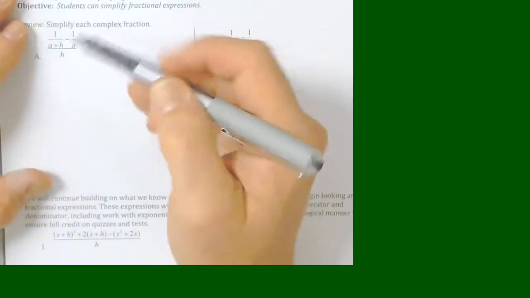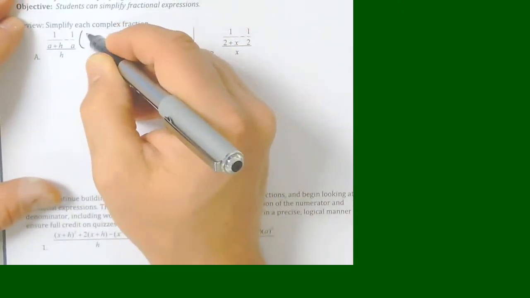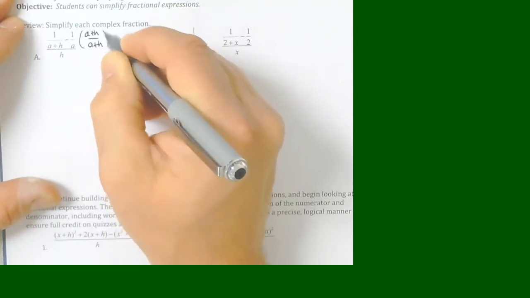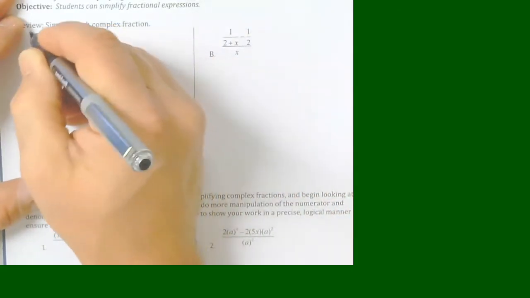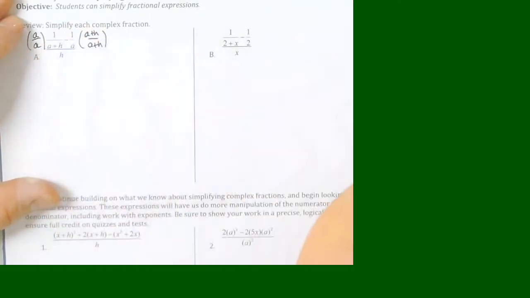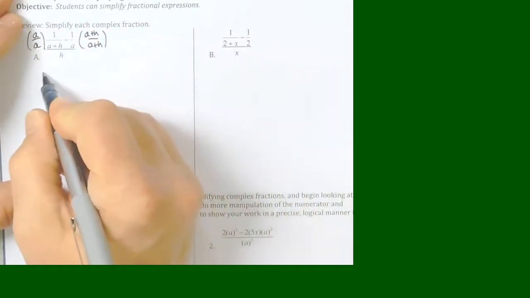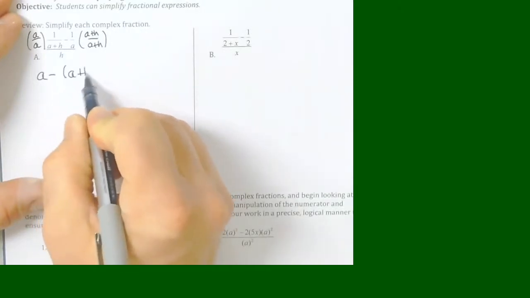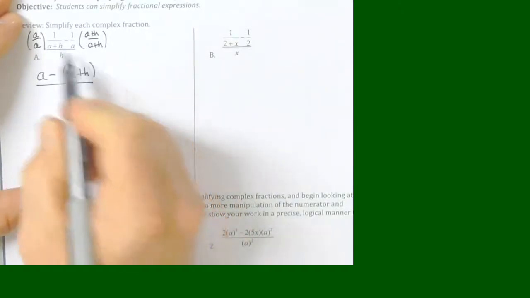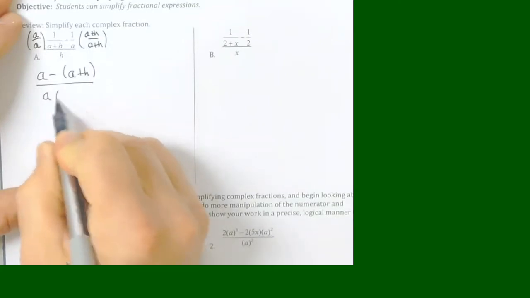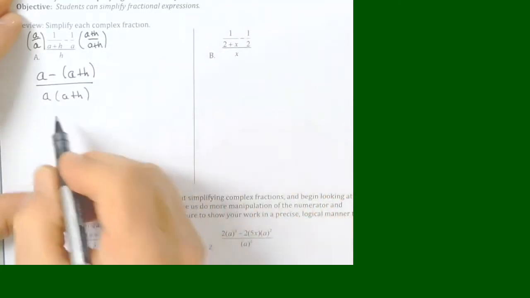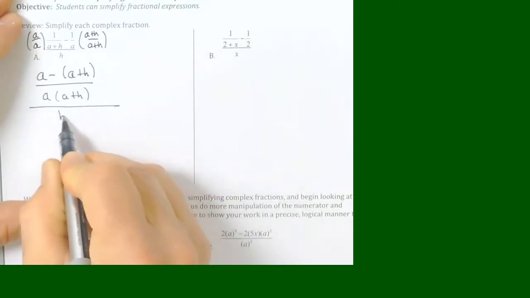Get a common denominator on the top. A plus h over a plus h, a over a. That gives us a minus a plus h over the common denominator of a times a plus h, all over h.